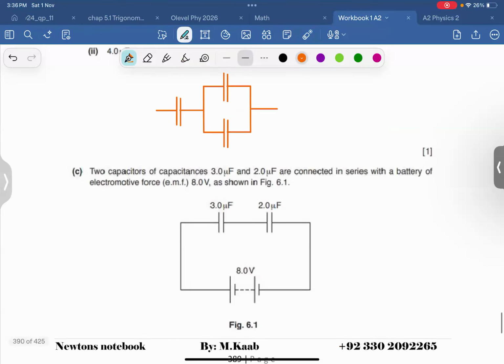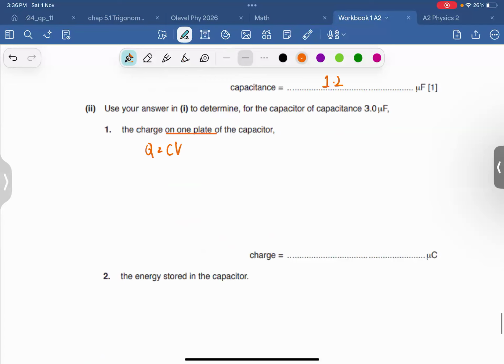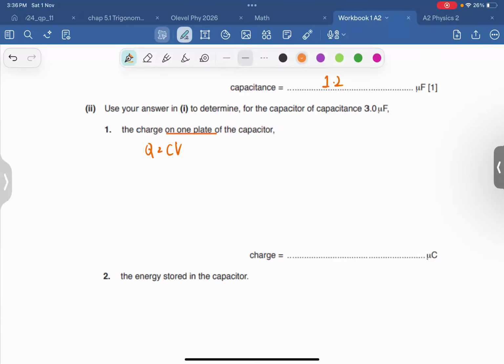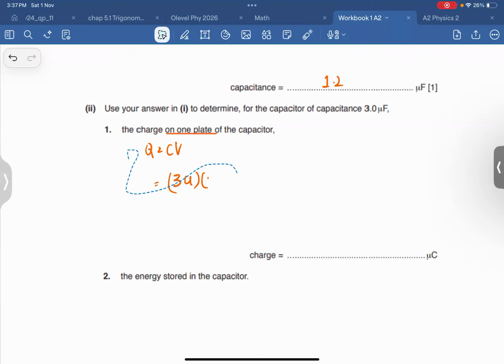Okay, and then 8 divided by 1.2 gives what? Sorry. So I have a 3 microfarad capacitor, okay, and then V is the terminal voltage for it, but we don't know the V. Okay, problem.